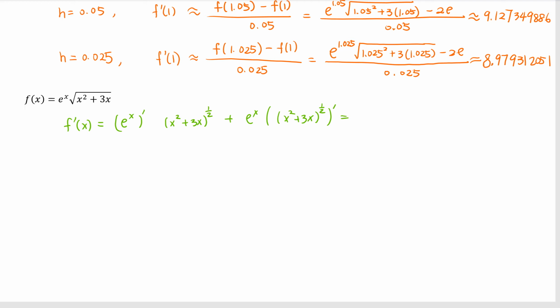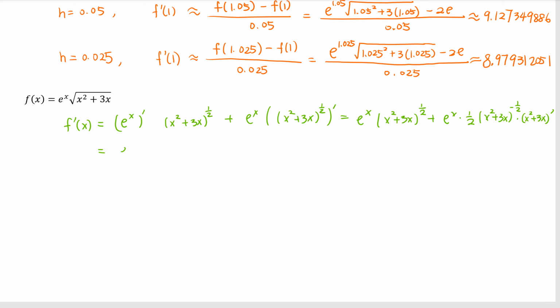Derivative of e to the x is e to the x. And we have x squared plus 3x to the 1/2 plus e to the x. Well, this guy prime, chain rule, right? u to the 1/2 is 1/2, and then u to the minus 1/2 times u prime, right? That is chain rule.